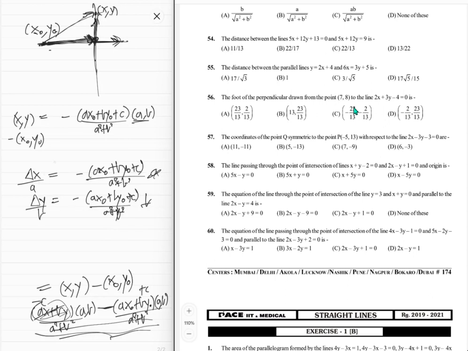And this is the formula that most books give you: x minus x naught upon a equal to y minus y naught upon b equal to negative ax naught plus by naught plus c upon a squared plus b squared.